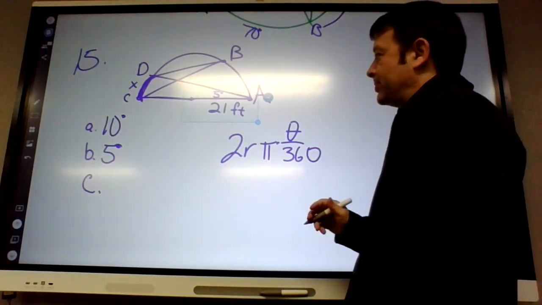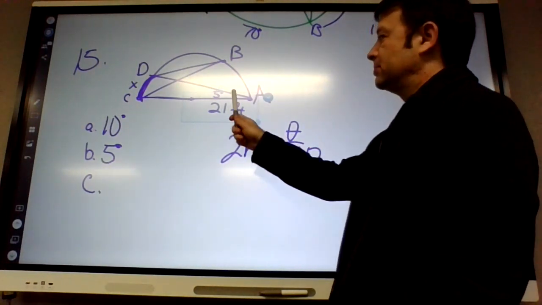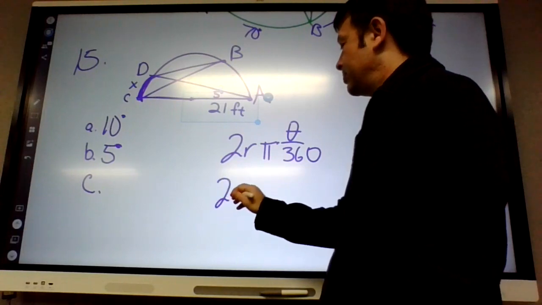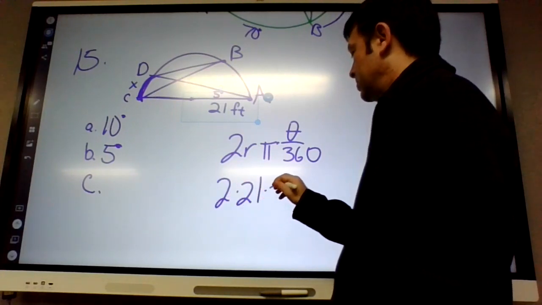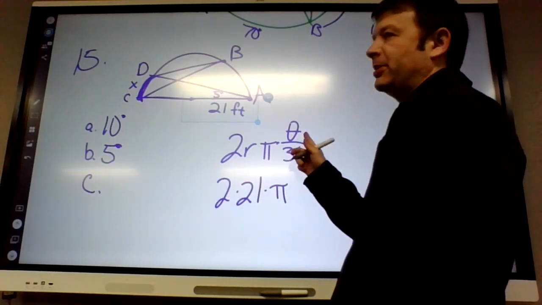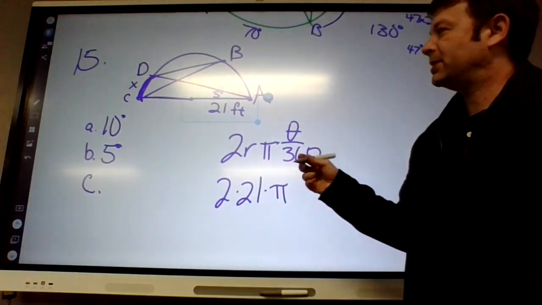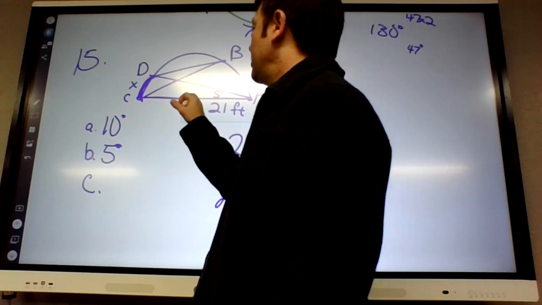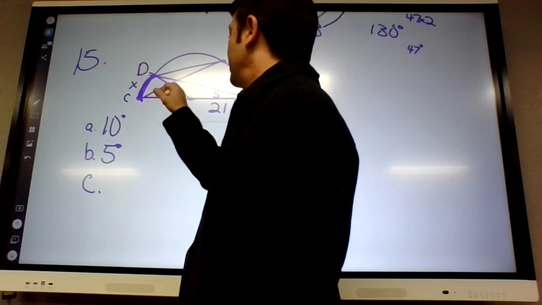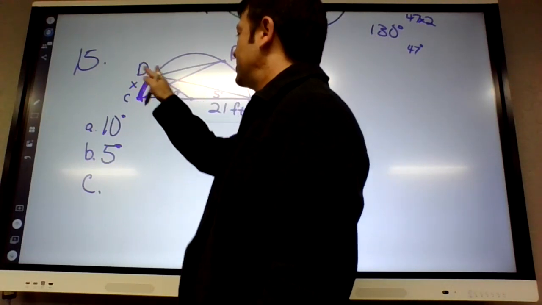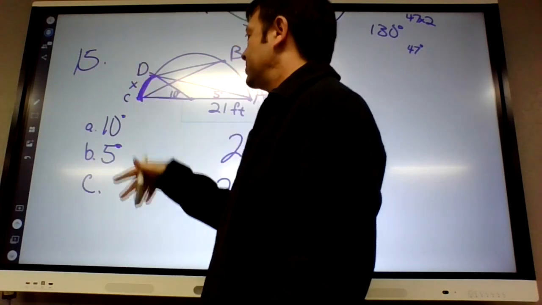Okay, what's the radius? They told us it was 21. What's theta? Well, is it 5 or 10? It's 10. Okay, 5 is the inscribed angle. We really want this arc angle, 10 degrees.